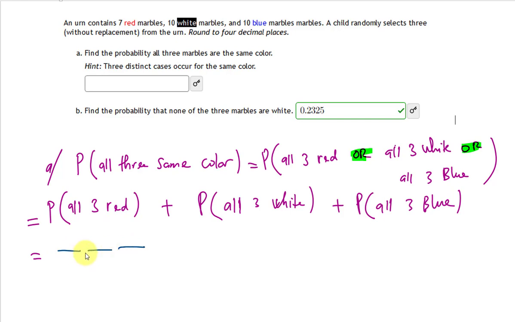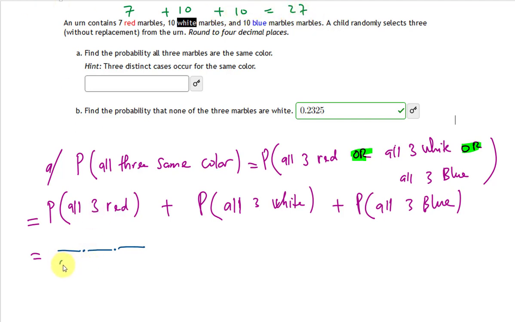So this is 3 times, which means we use the multiplication rule for the 3 marbles. So all 3 red, we know that we have 7 red, 10 white, and 10 blue. So together we have 27.